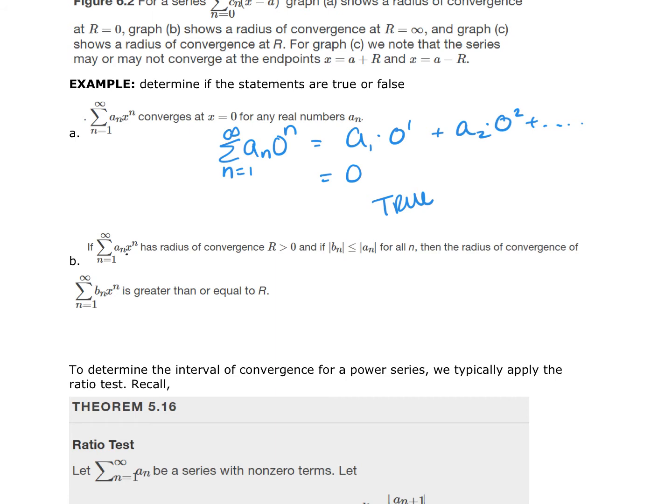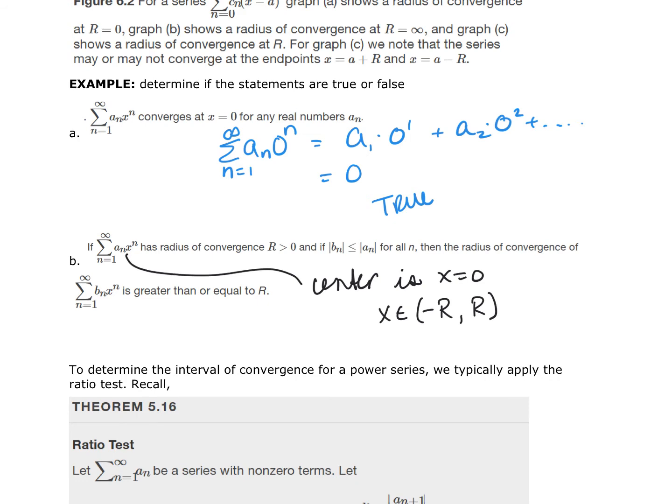If we look at our first series, we know my center is at x is equal to 0, just by the structure. That tells me my radius of convergence for x must be in the interval between a minus r, so negative r, because a is 0, to r.